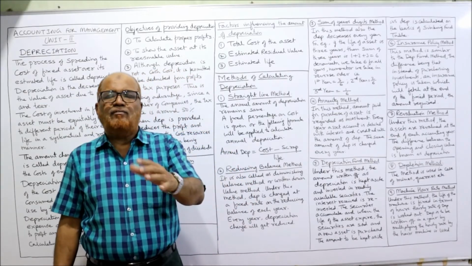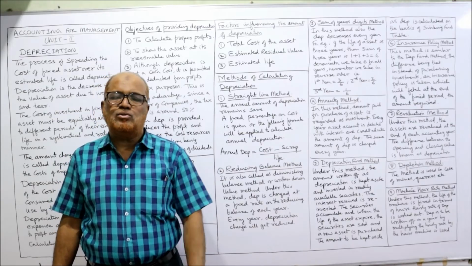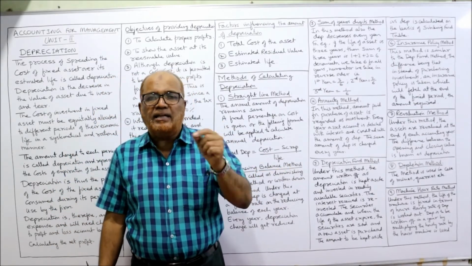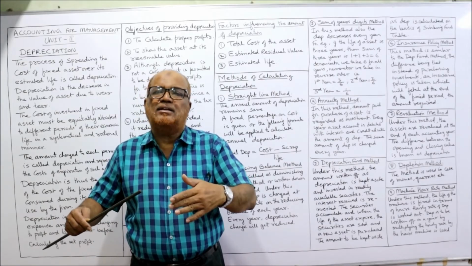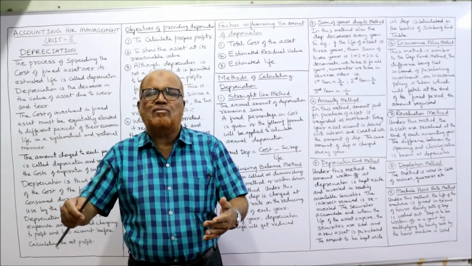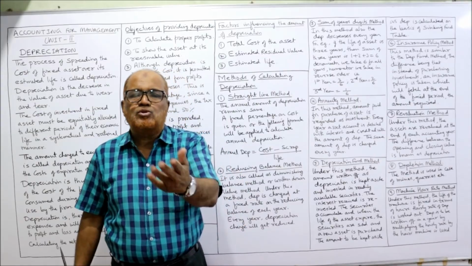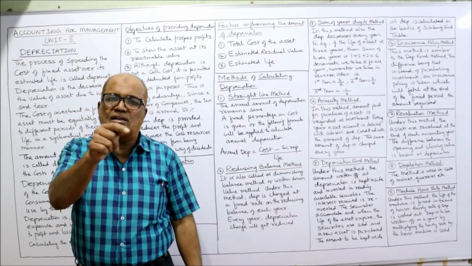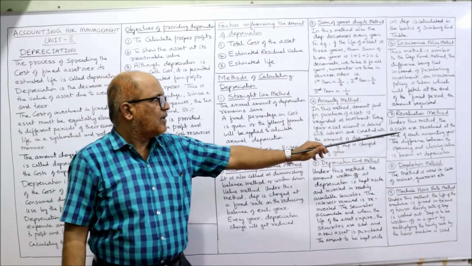So at the end of the year, we found that the value of the asset is 80,000. The beginning of the year, the machine value was 1 lakh. At the end of the year, we have calculated the fair value. What is the market value or what is the fair value? It comes to 80,000. So whatever decrease in the value of the asset, that is called depreciation according to revaluation method.